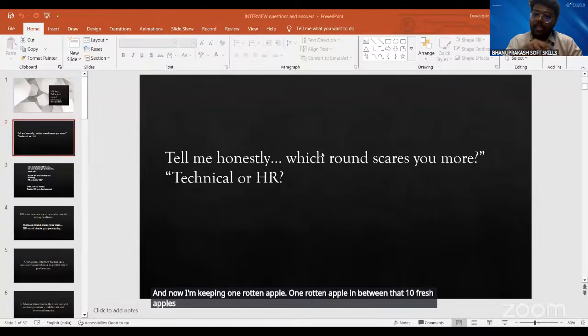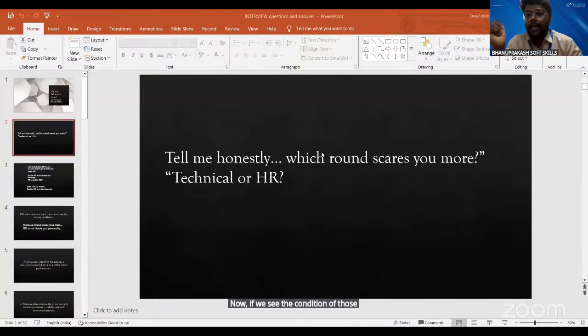If we see the condition of those apples the next day, what will happen? Every other fresh apple gets rotten, right? In the same way, if one negative personality is in a group or a team, it will definitely affect the whole team, the whole company.